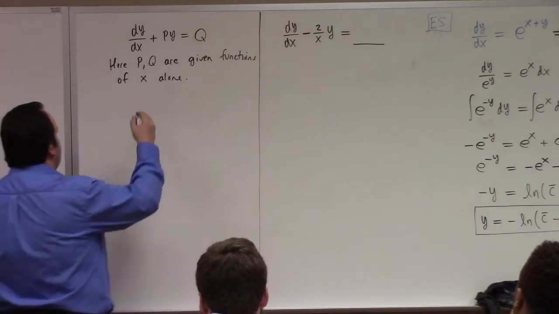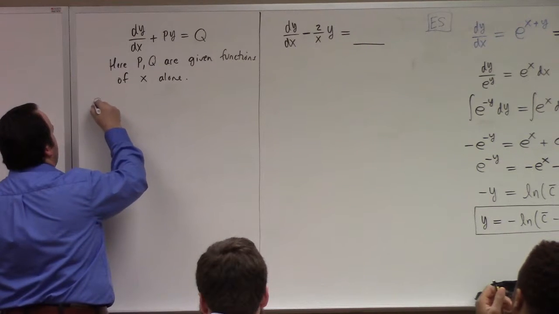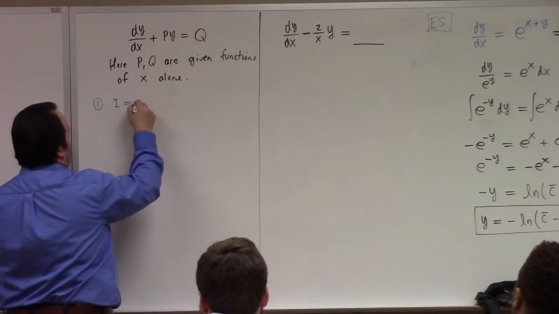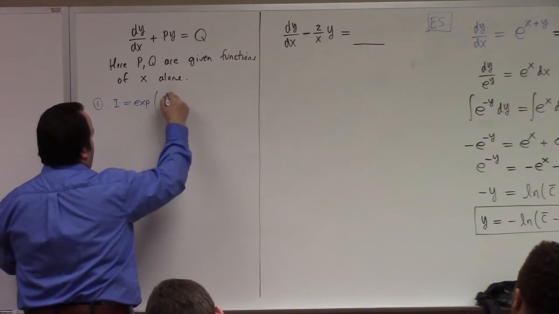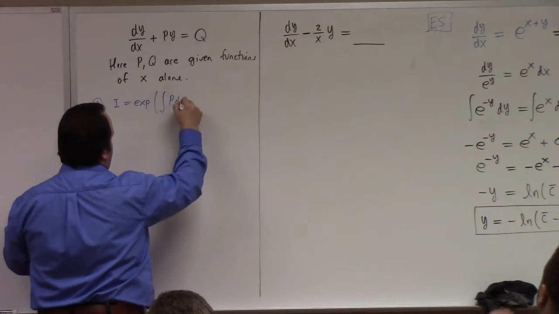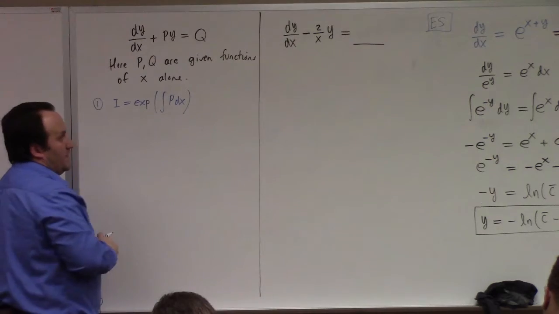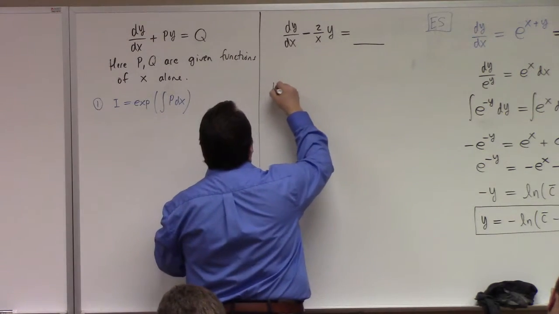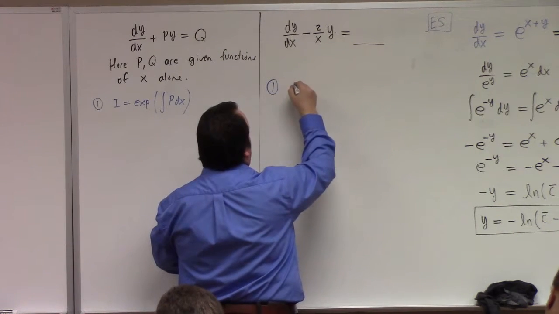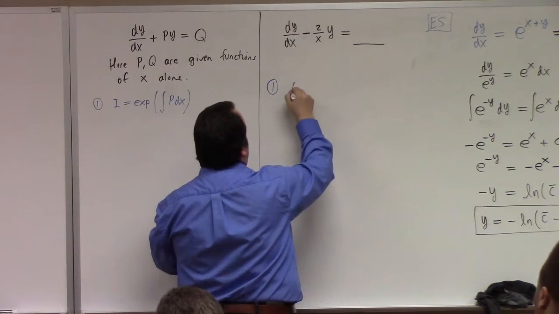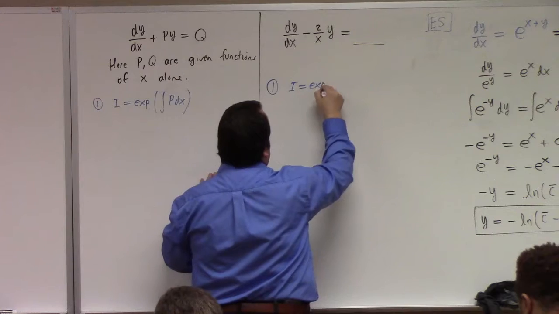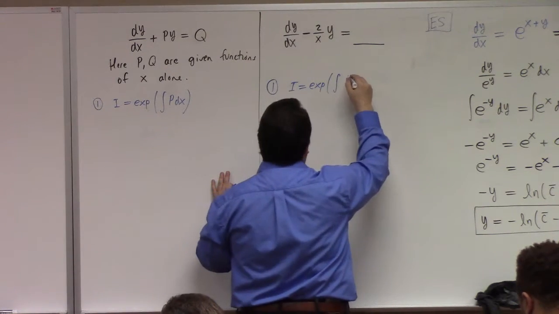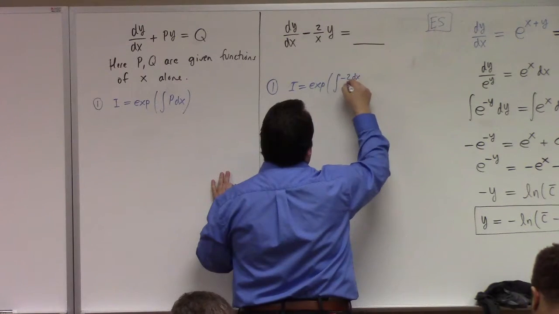Step number 2, or step number 1 really, is we say I is equal to the exponential of the integral of p dx. This is called the integrating factor. So over here, we're going to say I is equal to the exponential of the integral of minus 2 dx over x. What is that equal to?